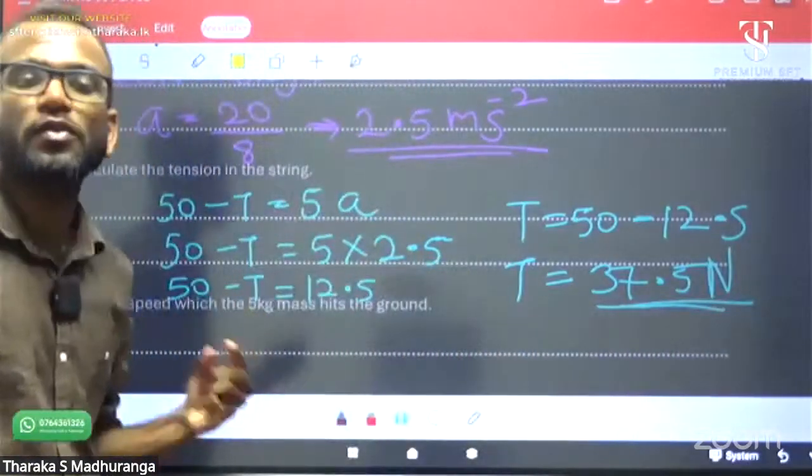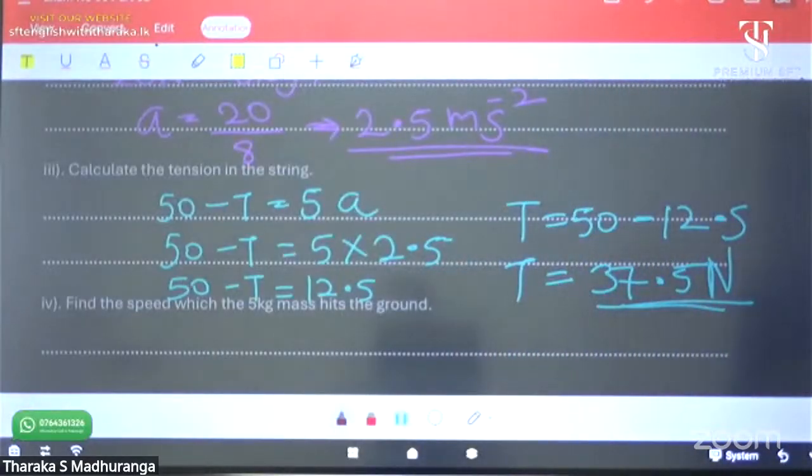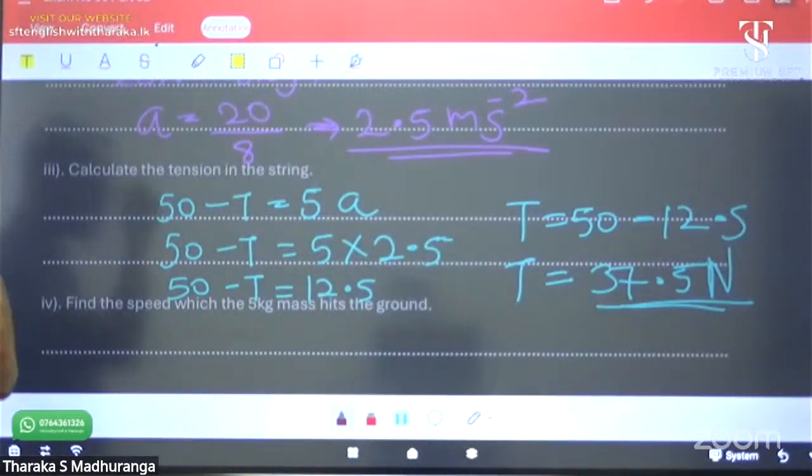Understood? That is the tension on the string.